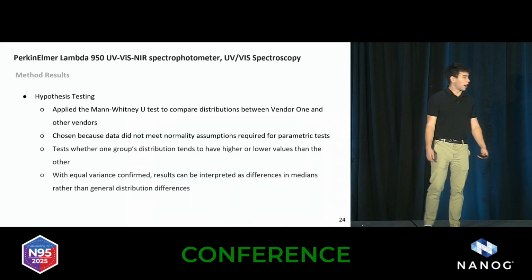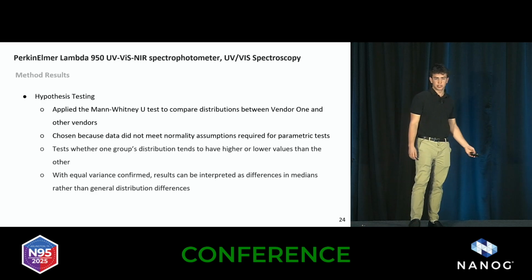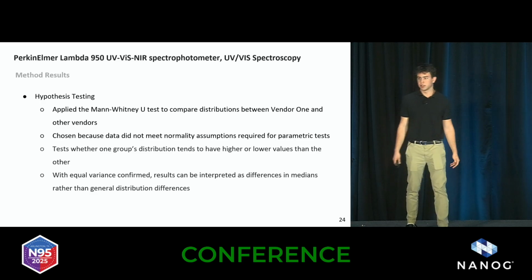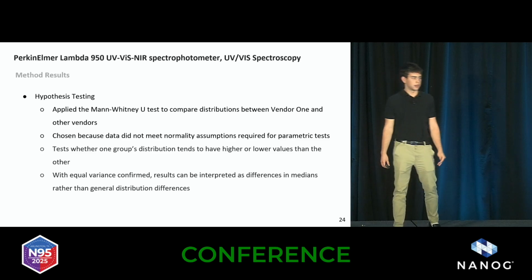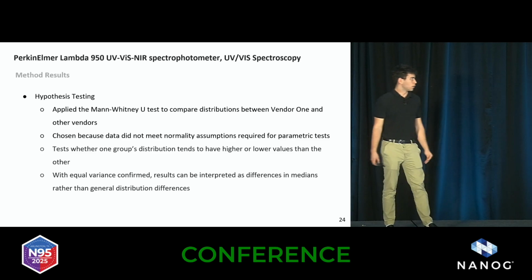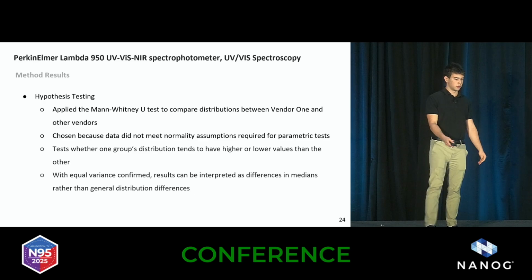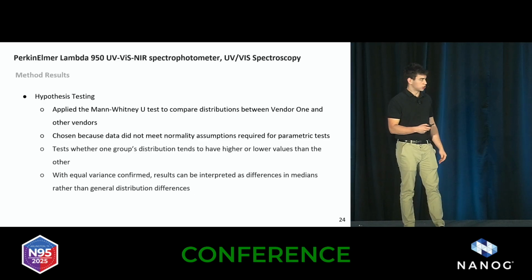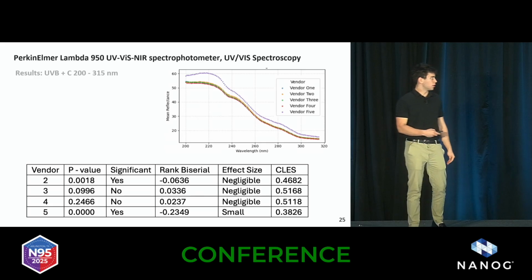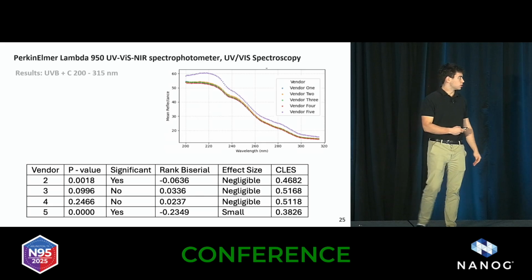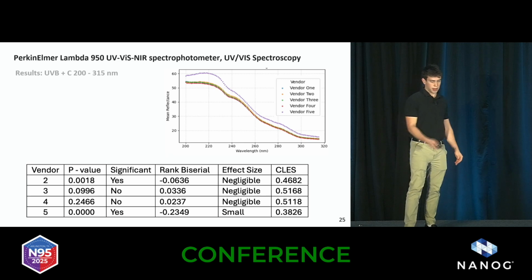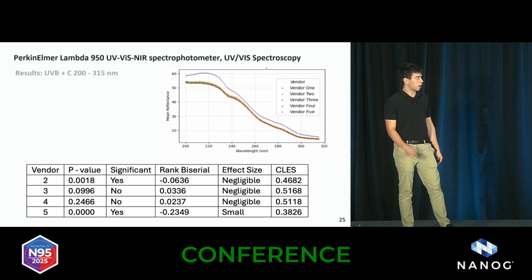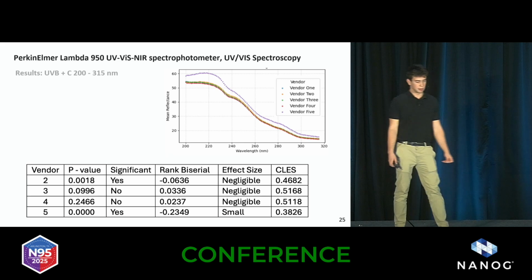I again want to highlight that we used hypothesis testing on these samples. We used specifically the Mann-Whitney U to compare the distributions, and we did not meet normality assumptions, which is why we utilized this, and we had equal variance to justify it. Here is the mean reflectance. You can see that vendor 5 is, like you saw previously, consistently above, while vendor 2 is consistently below.